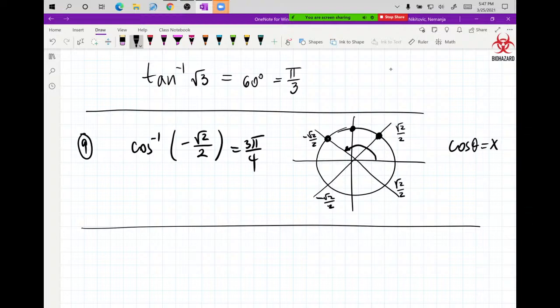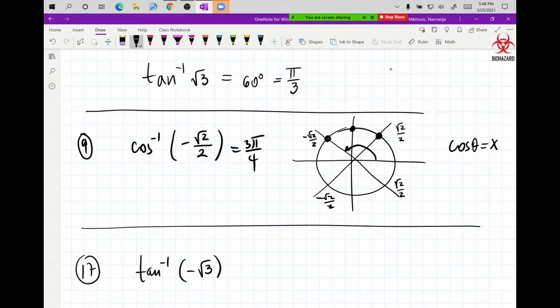So we did number 9. How about problem 17? Tangent inverse of negative square root of 3. We have a couple of options.